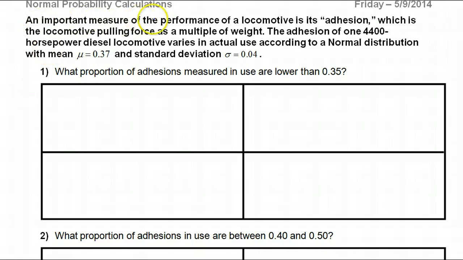An important measure of the performance of a locomotive is its adhesion. Okay, locomotive. We're talking about a train. Adhesion. This is the locomotive pulling force as a multiple of weight. The adhesion of one 4,400 horsepower diesel locomotive varies in actual use according to a normal distribution.